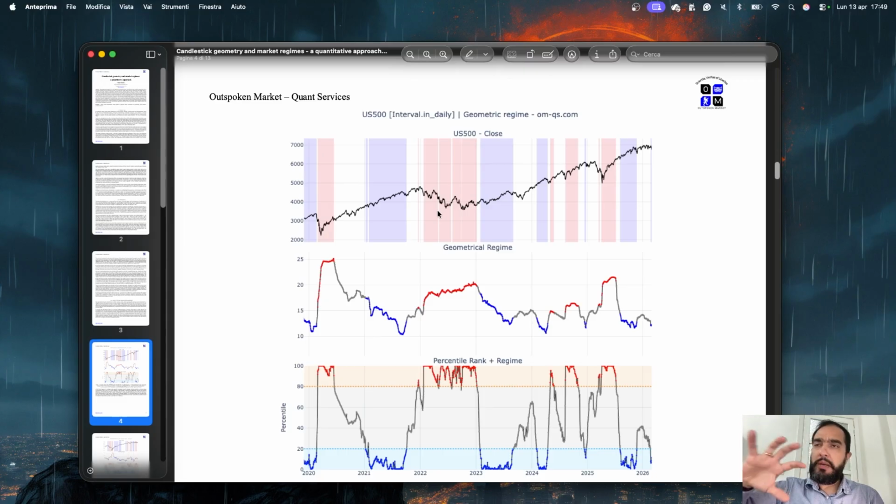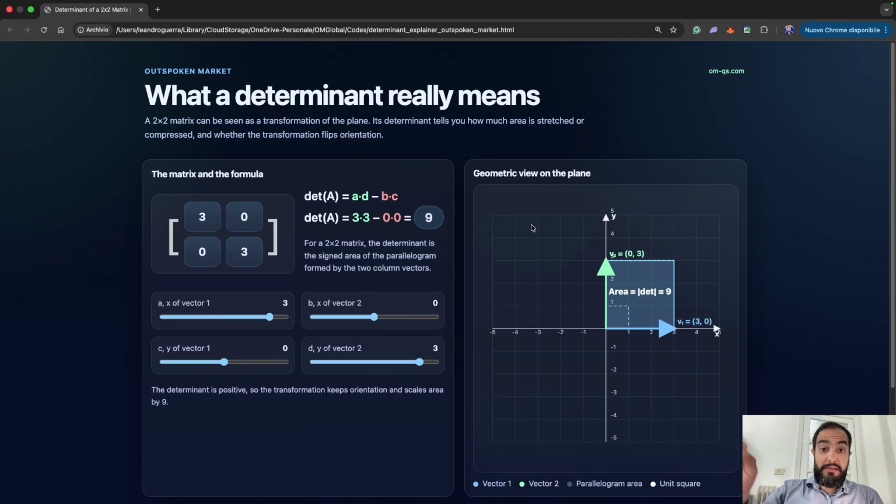There are some complex ways already suggested for what to do in this case for hidden Markov models, for example. But my point is simplicity works. And I cannot remember anything simpler in this case than calculating a determinant of a matrix.